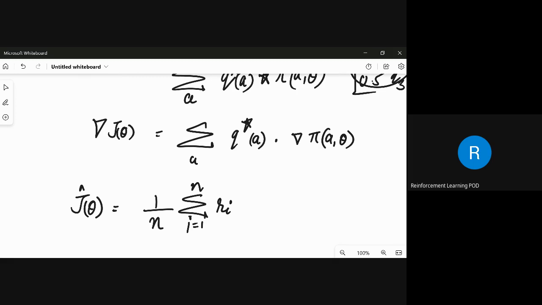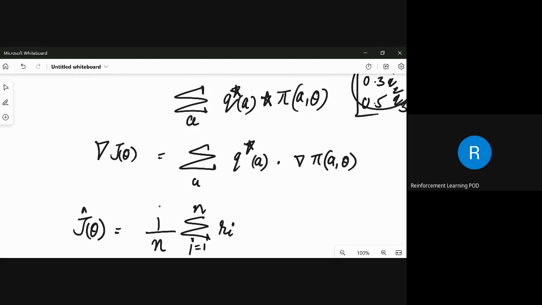Maybe for multi-arm bandit that will be different, right? If we have 3 arms, every arm will have separate samples, right? No. This is still for multi-arm bandit, and all these R_i are generated by some policy pi theta.